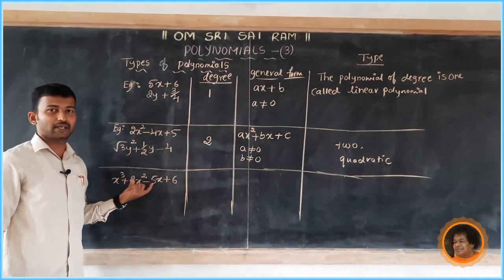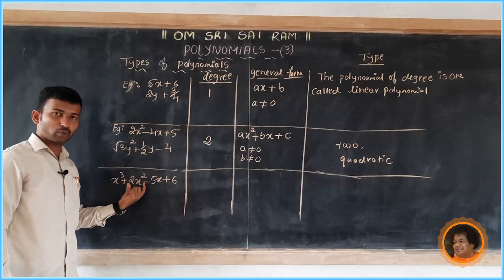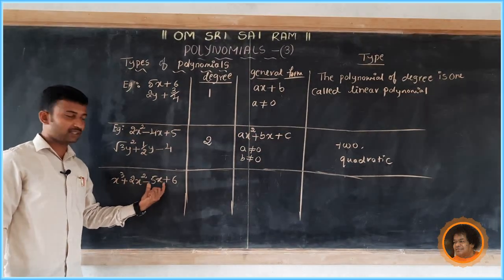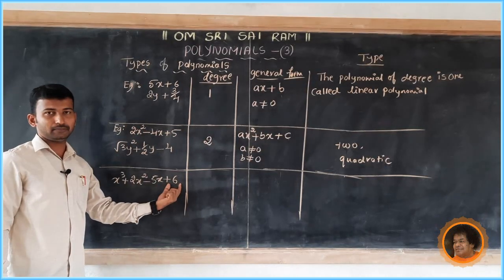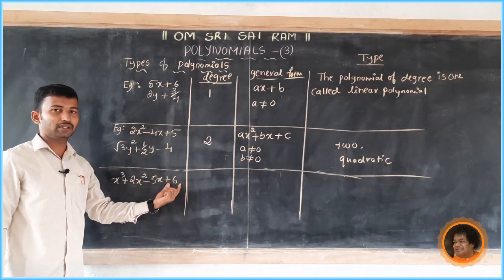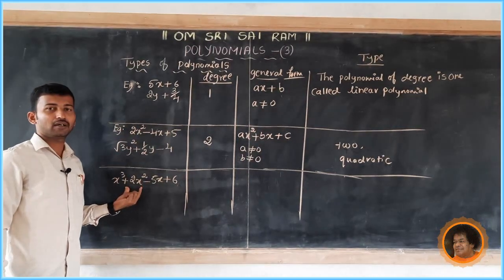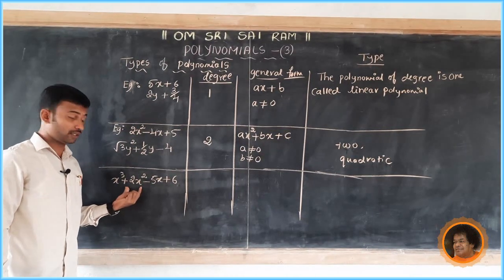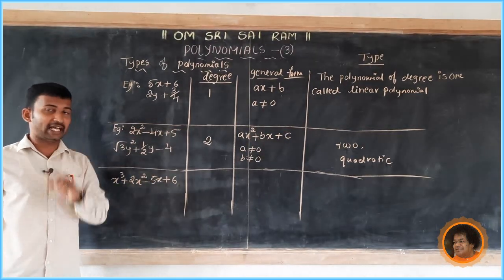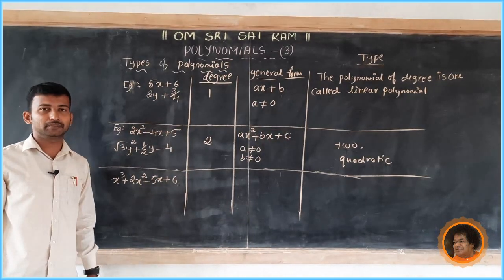Next, the last example, x cube plus 2x square minus 5x plus 6. How many terms are there in the example? There are 4 terms and the polynomial in variable x. What is the degree of this polynomial?